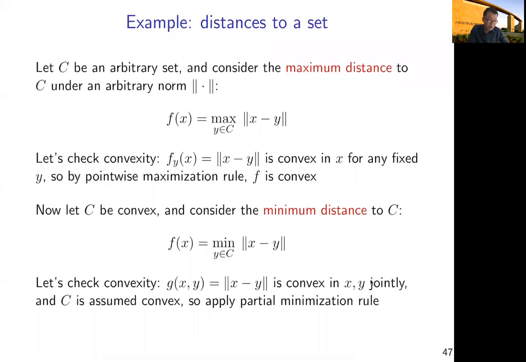In the first example, notice that we have already seen that an arbitrary norm, from the axioms of norms, is a convex function. Therefore, if we take the maximum of all the convex functions indexed by y, that remains a convex function of x, right? For each fixed y, this is a convex function in its own right. So this is a point-wise maximum of this norm function.